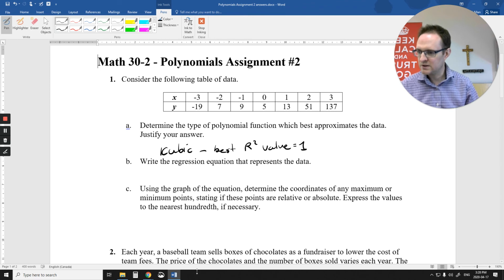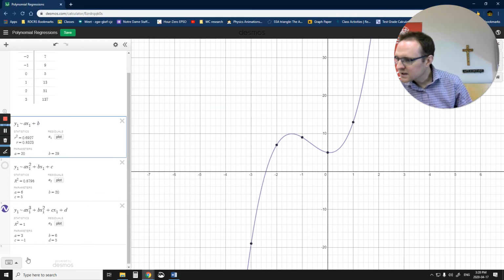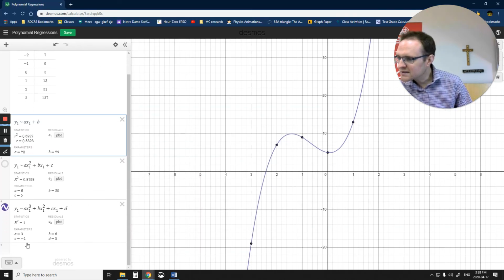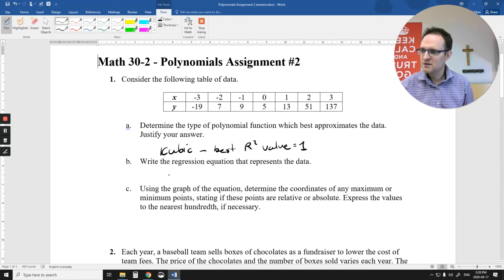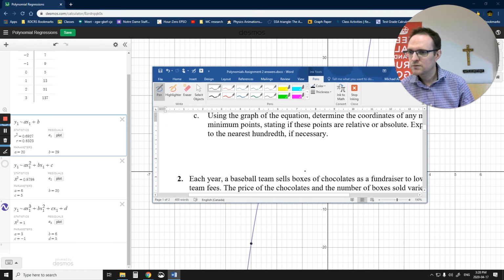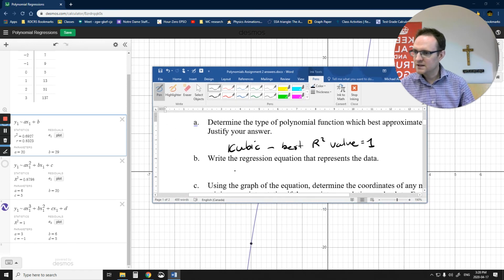Okay. Write the regression equation. So the regression equation you could see here, they tell you what the A, B, C, Ds are: 3, 6, -1, and 5. So you just put that back into the equation. I'm just going to write that in here.